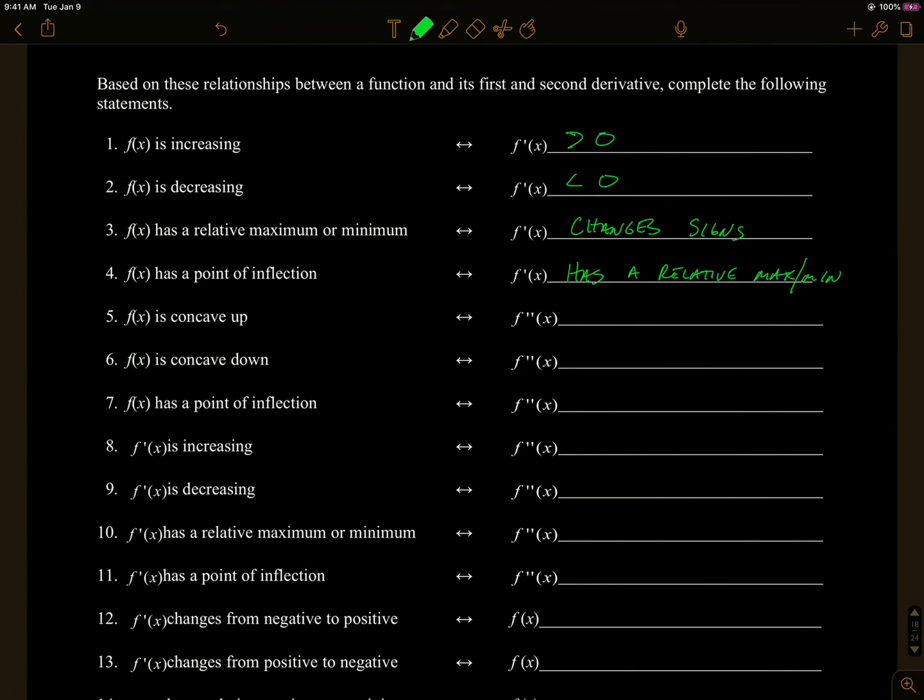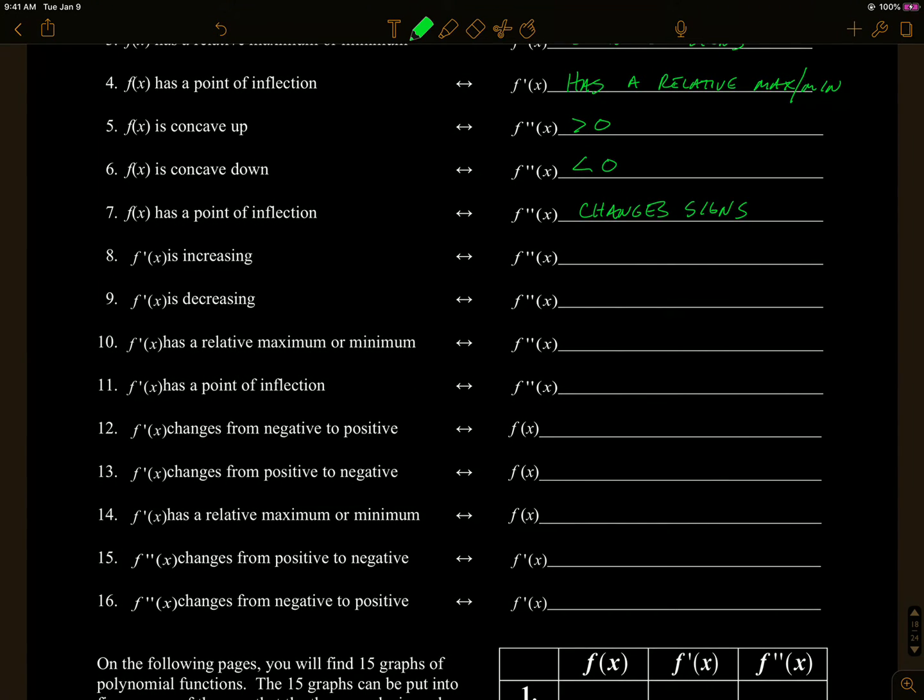F of x is concave up when f double prime is bigger than 0. F of x is concave down when f double prime is less than 0. F of x has a point of inflection when f double prime of x changes signs. Again, you have to say changes signs. F prime of x is increasing when f double prime is positive.